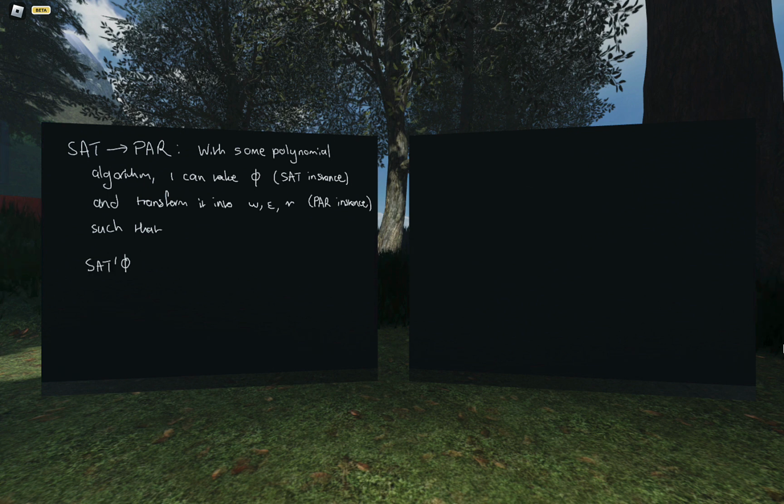I can write it something like this: SAT of phi is yes if and only if PAR of W, epsilon, R is yes as well.